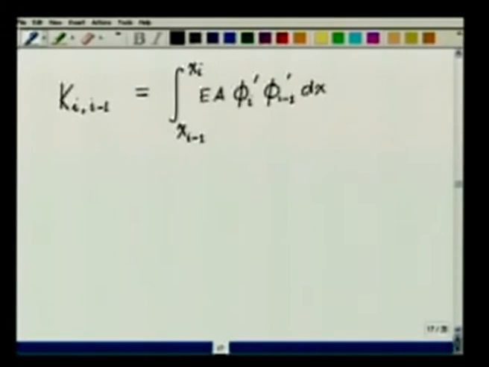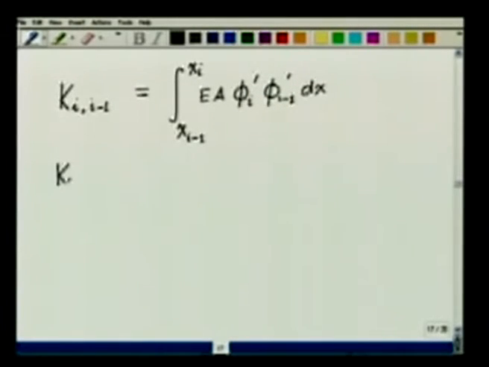Okay. You see one thing, that for the other part, that is for element i, the integral from x i to x i plus 1, this function phi i minus 1 is 0, so that part disappears. That's why we have not written that.